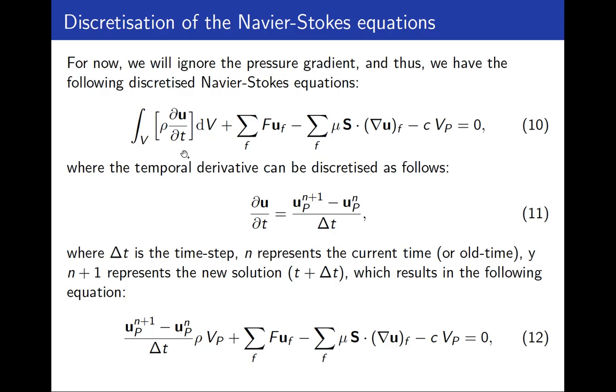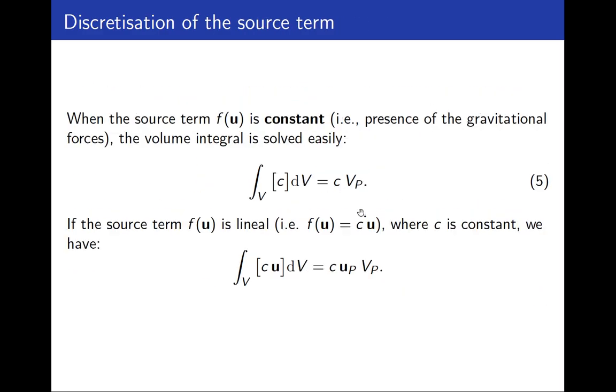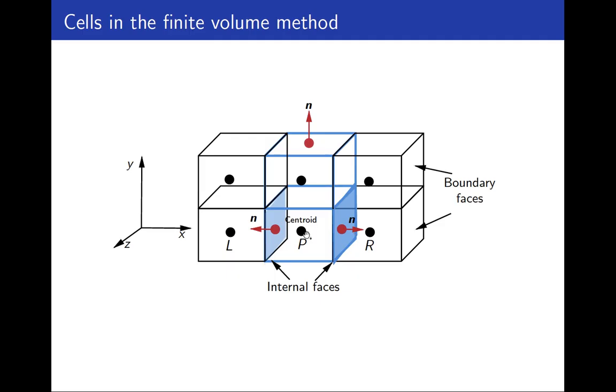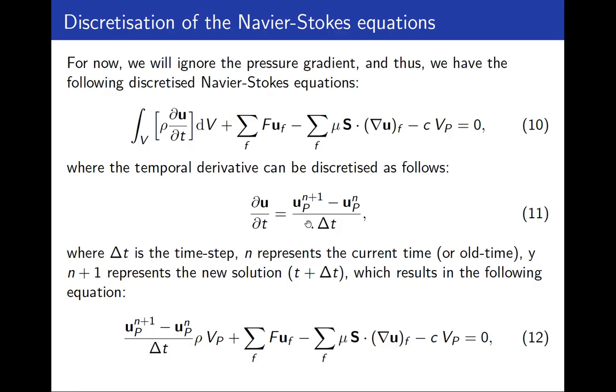Now we only have to evaluate this temporal derivative that can be discretized as follows. It's just a simple discretization scheme. The temporal derivative can be expressed as the difference between two velocities divided by the time step. Delta t is the time step. Here we have the velocity at the centroid of our cell, the centroid P. So we have to evaluate this velocity at the time n, where n represents the current time, or old time state, and n plus 1 represents the new solution.